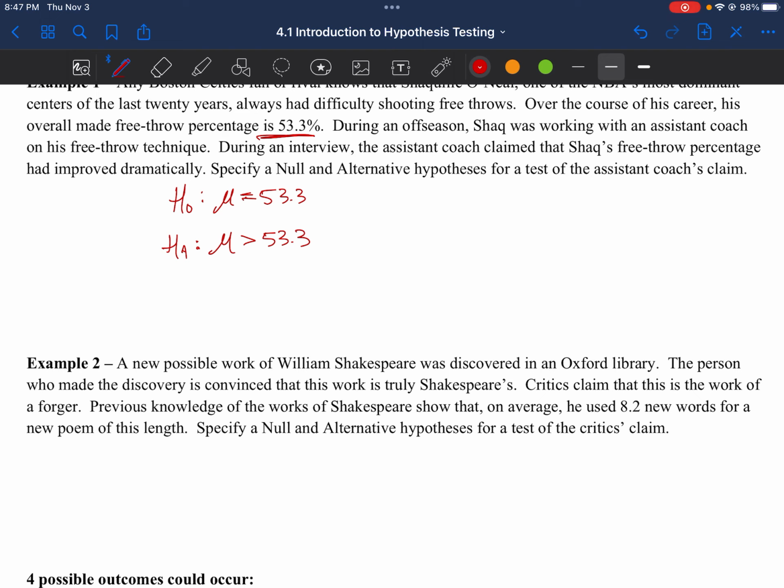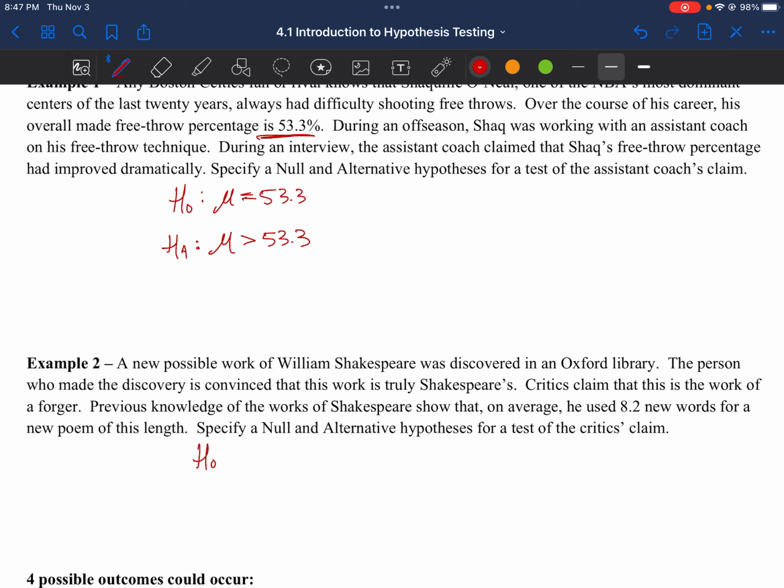Specify a null and alternative hypothesis for a test of the critics' claims.